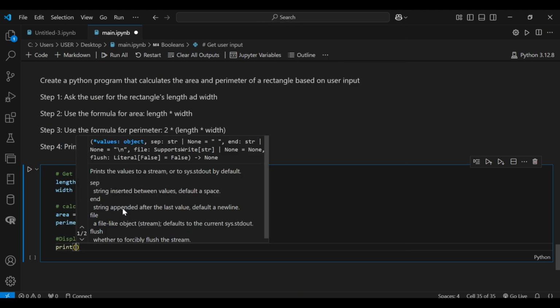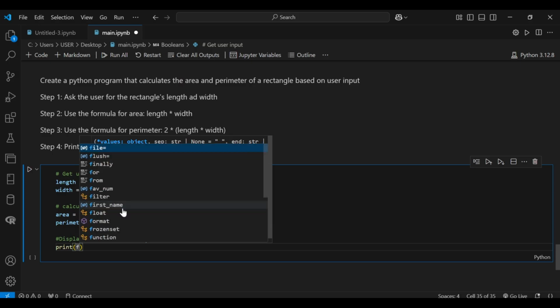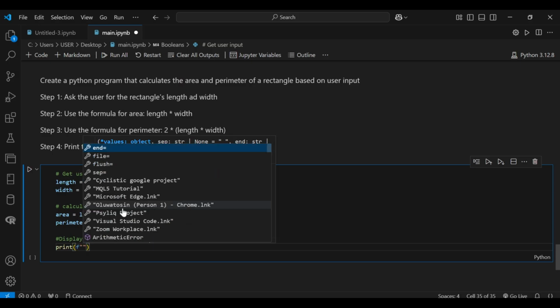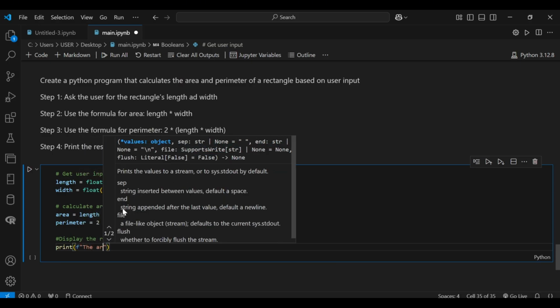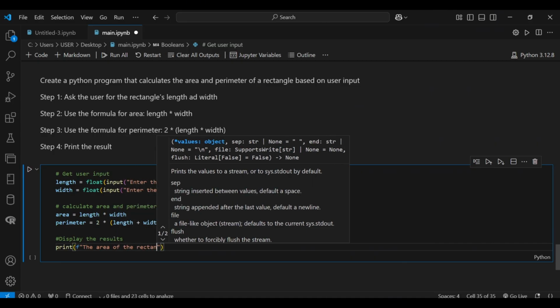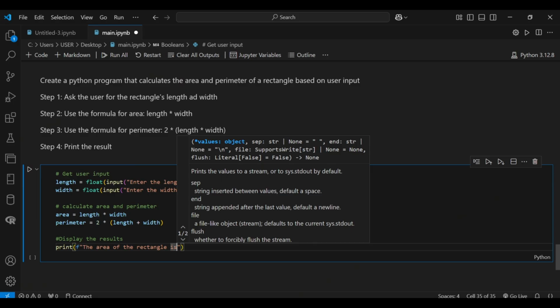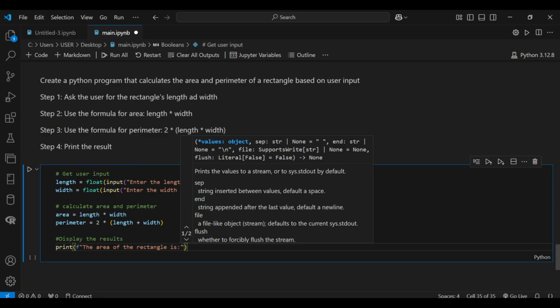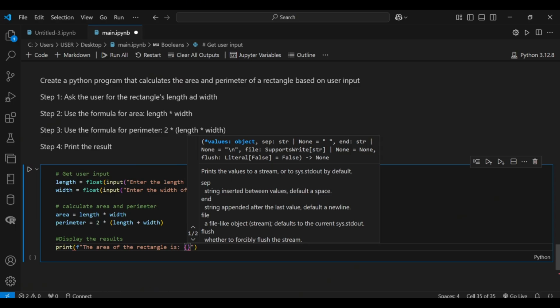All right, using the f-string that I've explained in the previous episode, we are going to say the area of the rectangle, let's start with rectangle, is, then I can call for the area in curly brackets.